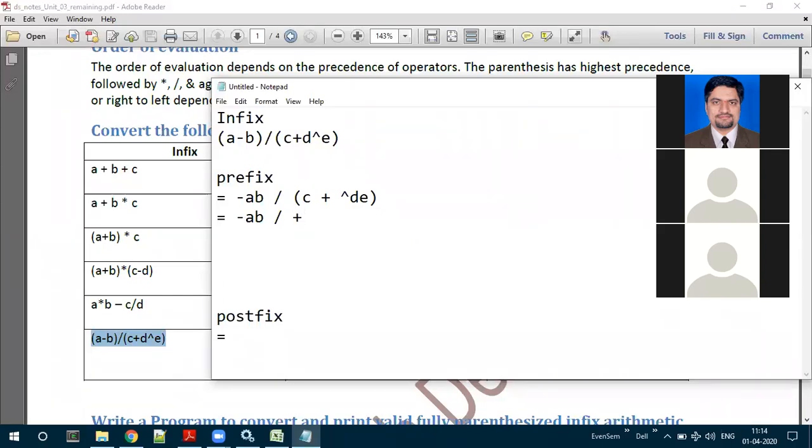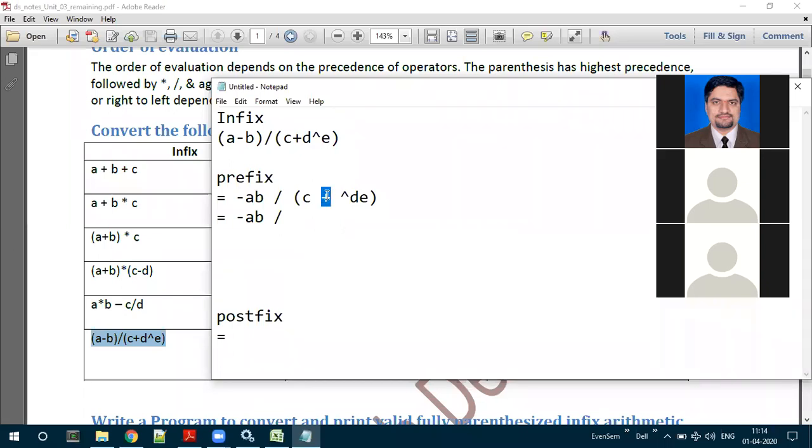To convert into a prefix, first appears the operator followed by the operands. What is the first operand here? It is C. What is the second operand? The second operand is the power symbol, then D and E. I hope this particular step is understood. I will retype this expression once again. The operation we need to carry out here is addition, that is the plus operator.